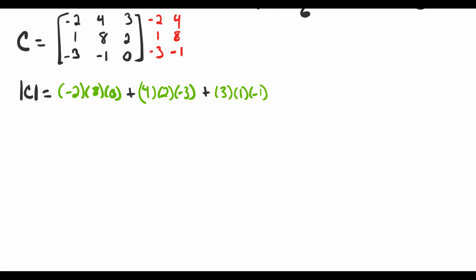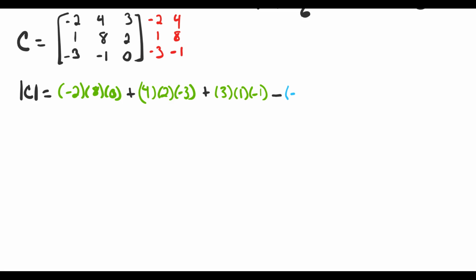Now notice I use these first 3 numbers on the top row and do diagonals with those. Now I'm going to come down and use the bottom 3 numbers and do the backwards diagonals with those.